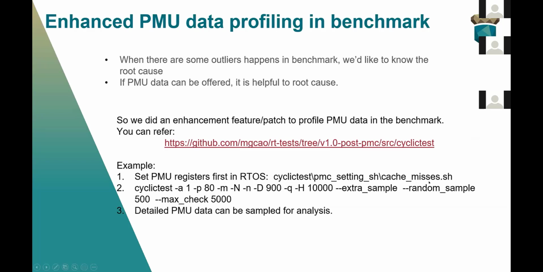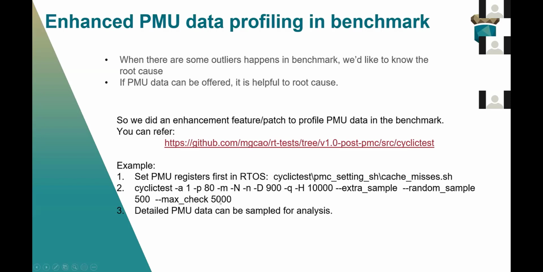We will check the cache misses, and after setting the PMU registers, we can run the cyclictest. The last parameter is what we added. For the random sample, we give it 500 data points. It means it will sample 500 data points.